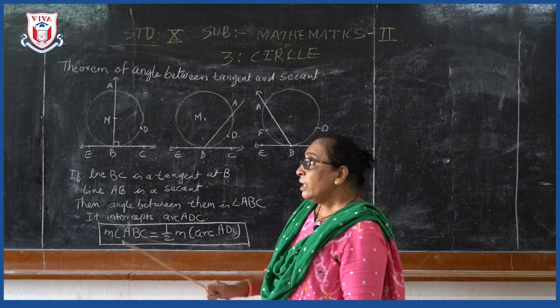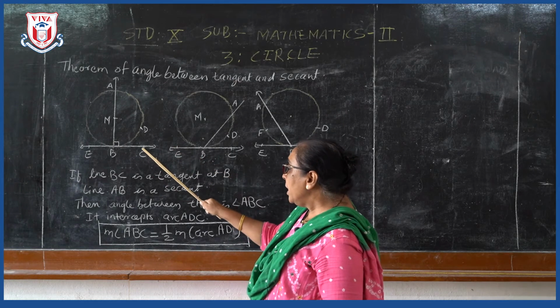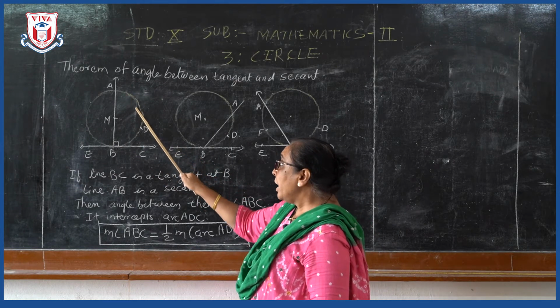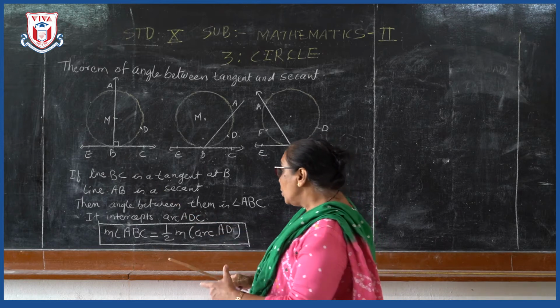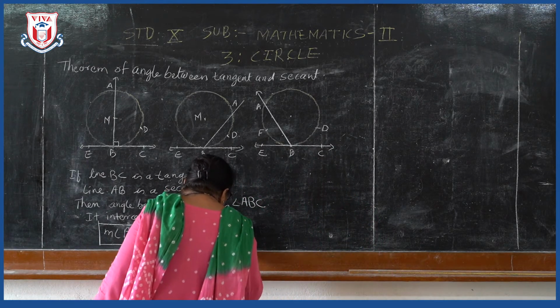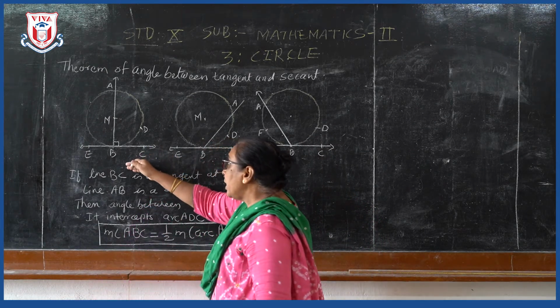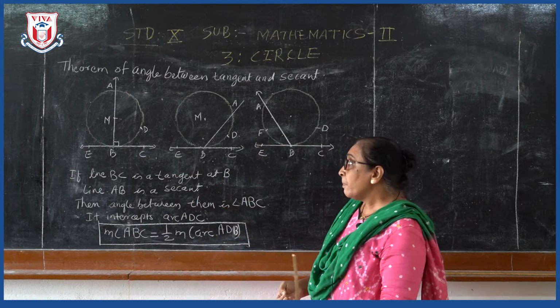Exactly half. That means angle ABC is half of measure of arc ADB. So in this first figure it can be proved very easily.